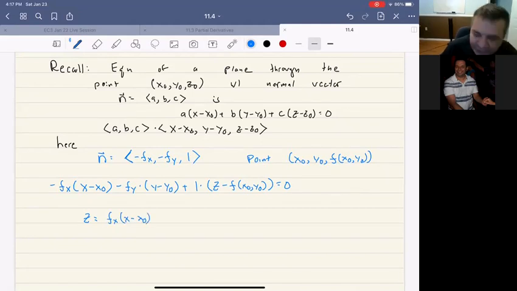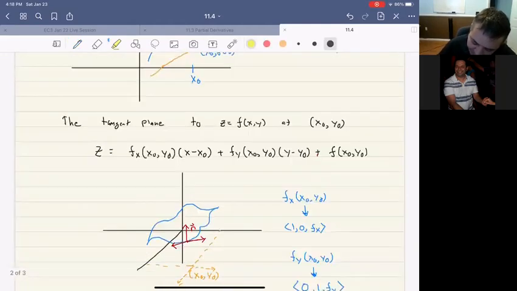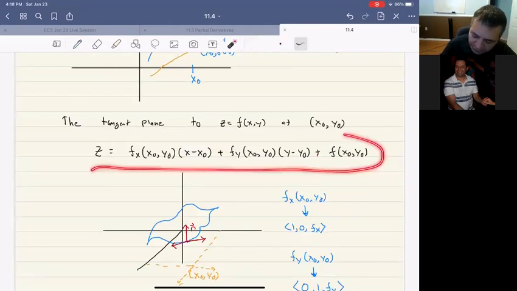Remember, it becomes positive because it moved to the other side. Plus f sub y times y minus y0, plus f of x0, y0. And if you look, that's exactly what we got when we just extended the one-dimensional version.